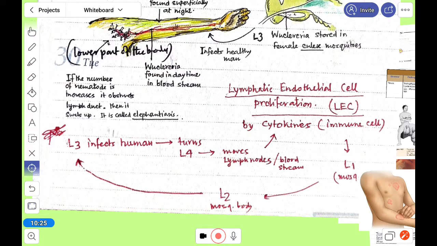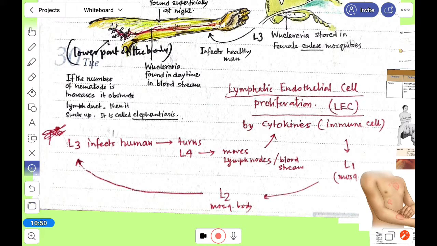It enters inside the human body. It turns to the L4 stage, the adult stage, and it moves to the lymphatic node, and here the immune cells and cytokines are released, the immune signals are released, so that the proliferation will start. Lymphatic endothelial cell proliferation.